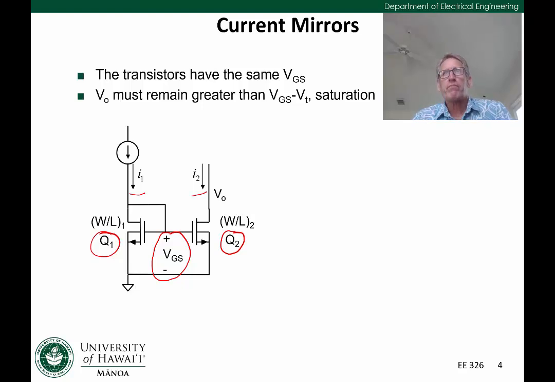And so we can write that VGS1 is equal to VGS2. And then we can write down the current equations as well.